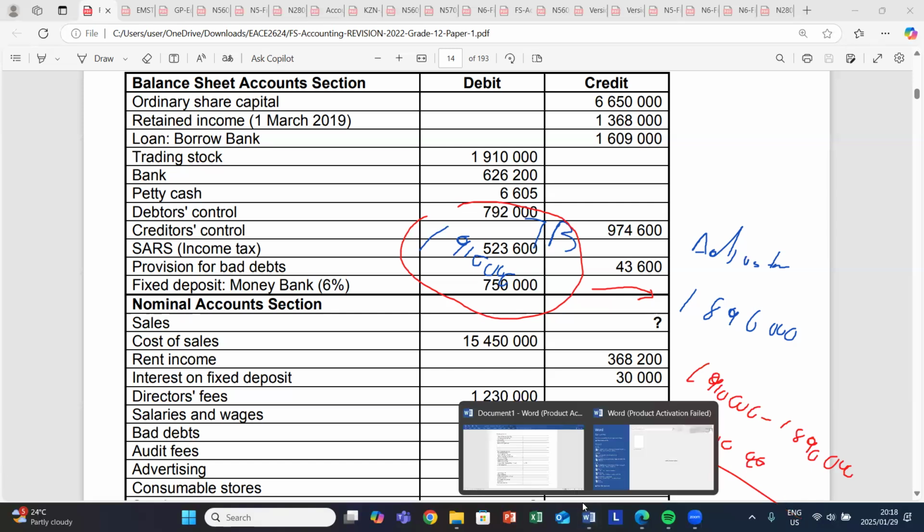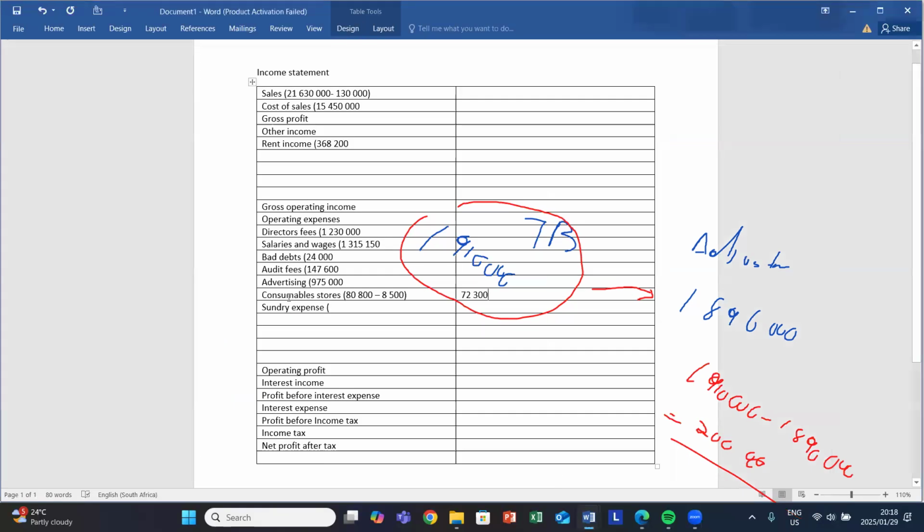So under expenses, you should have an expense called trading stock deficit. We'll say in your brackets, do provide calculation, minus 1,890,000.